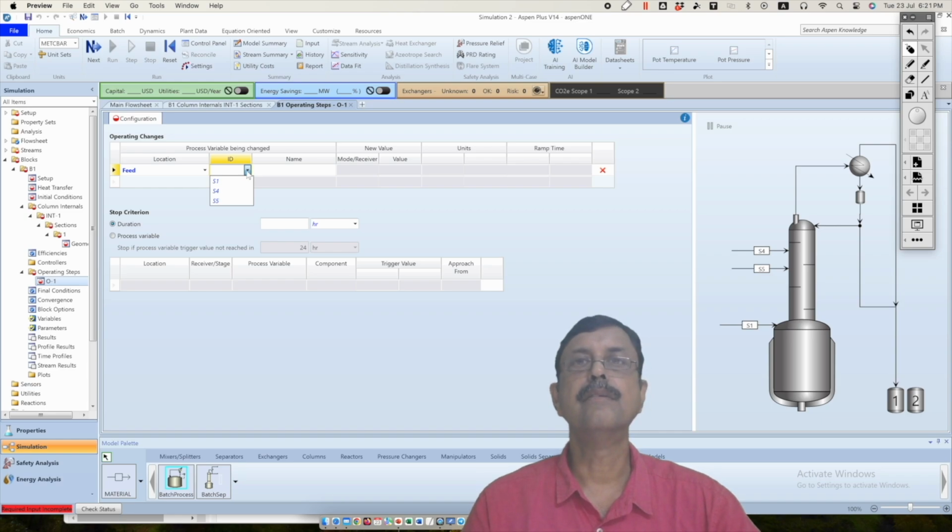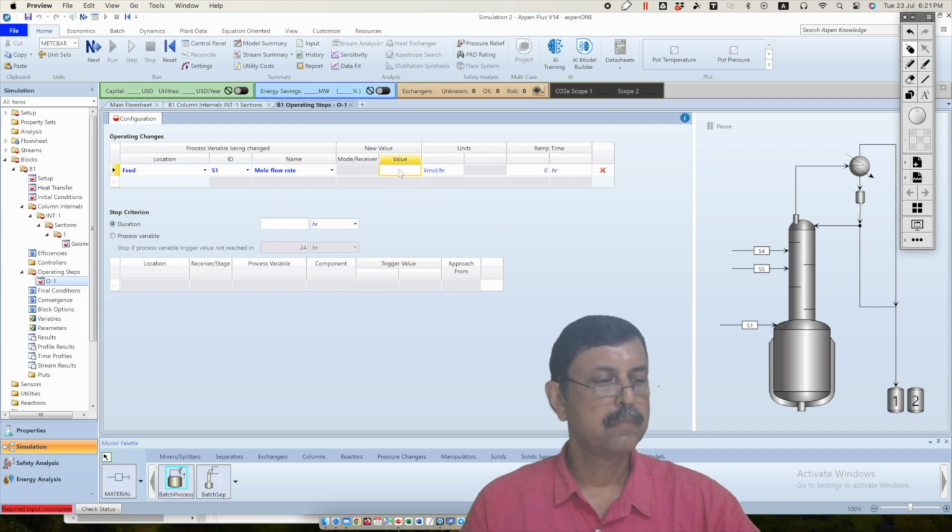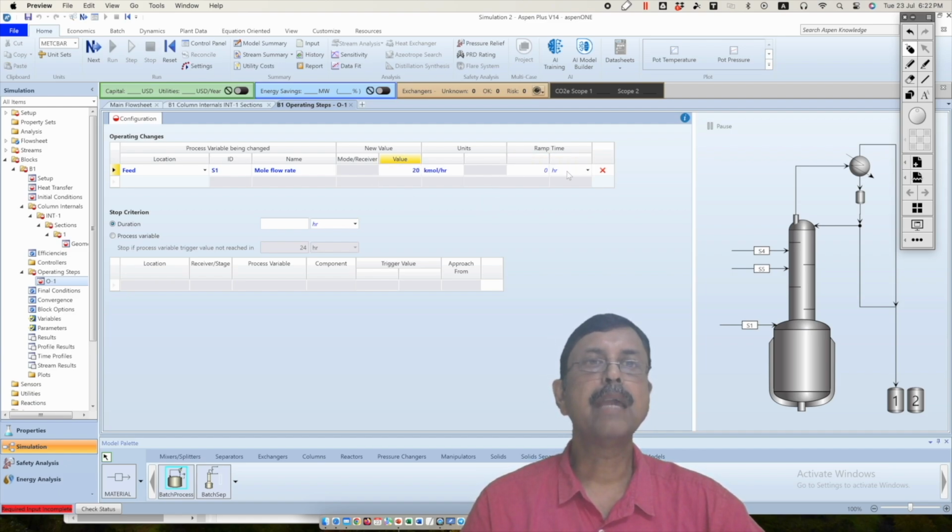Which feed? Let us say S1. S1 is the ID, and we choose molar flow rate. Now we give the new value, say 20 kilomole per hour, and ramp time, say 1.